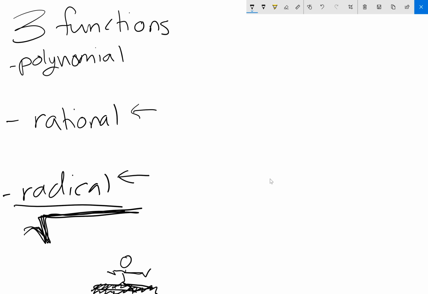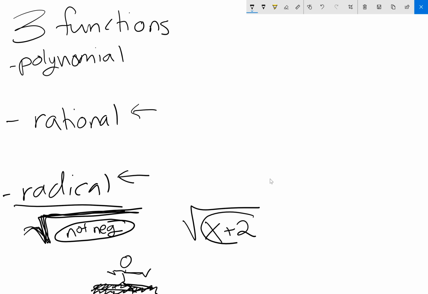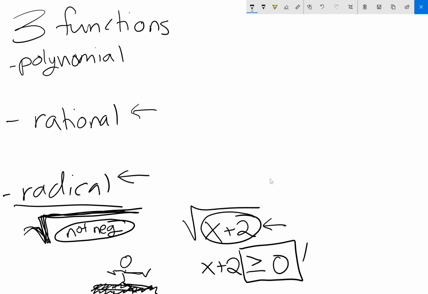But anyways, the restriction is that this number cannot be negative. If we have x plus 2, we don't want whatever's inside to be negative, so it needs to be greater than or equal to 0. That is the thing to remember for radicals.